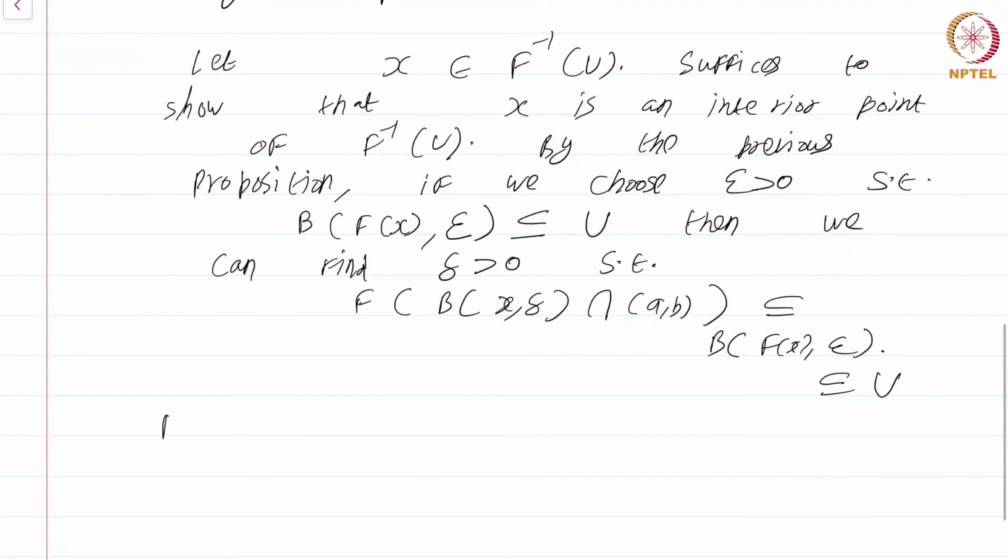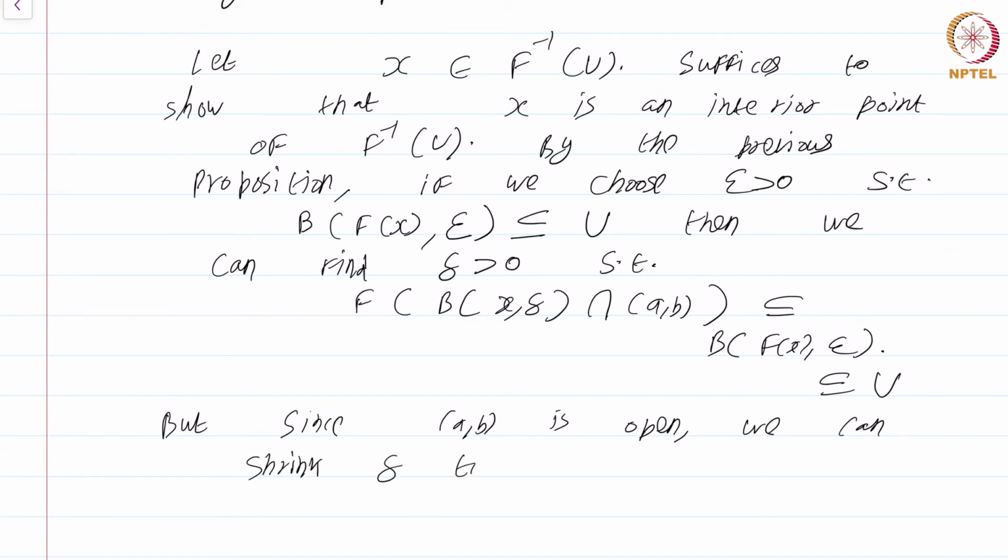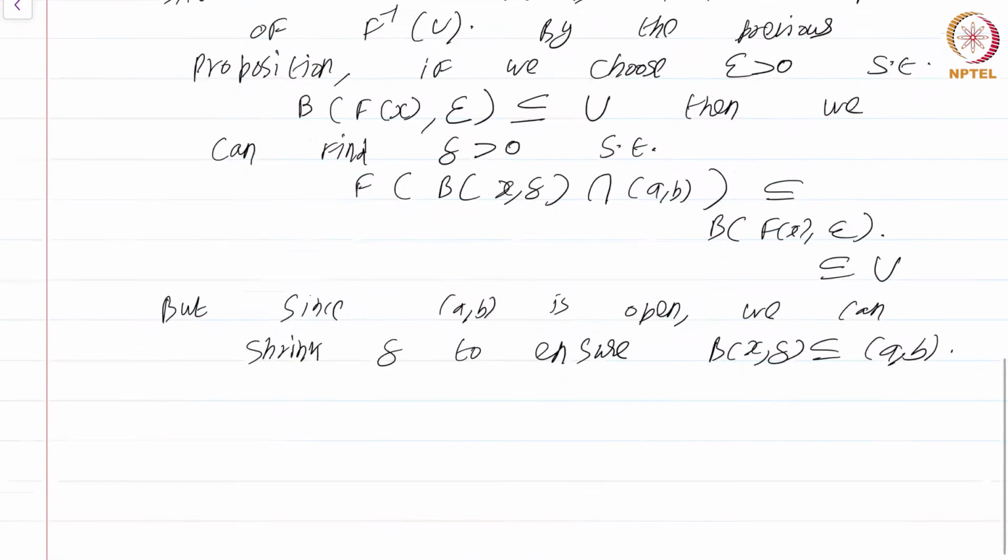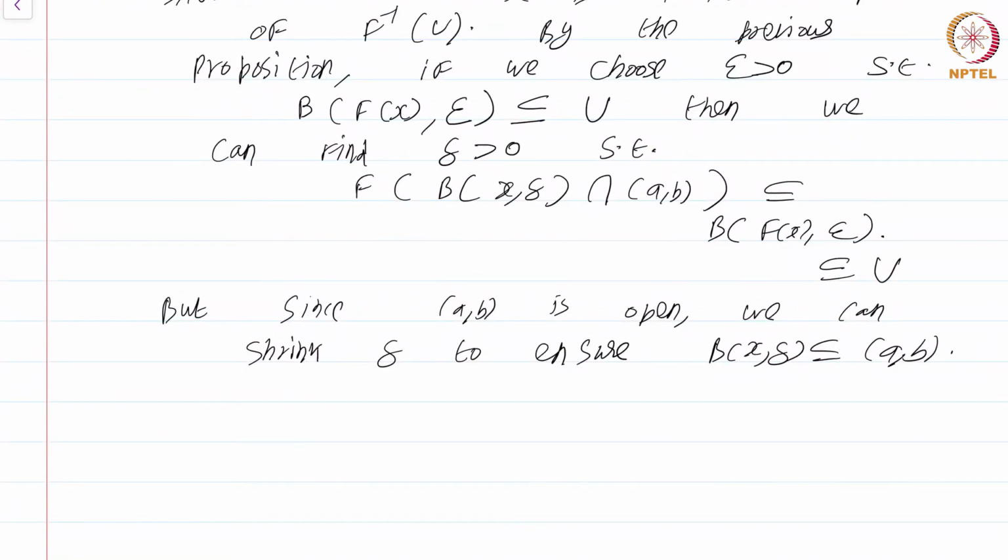But since (a, b) itself is open, we can shrink delta to ensure B(x, delta) is contained in the open set (a, b). This can be done. Once you do that, what we get is B(x, delta) intersect (a, b). Well, no shock here, it's just B(x, delta), because we have shrunk delta to assume that B(x, delta) is contained in (a, b).